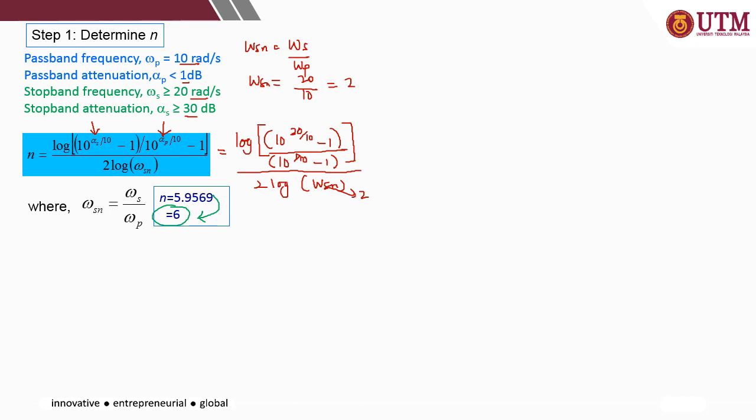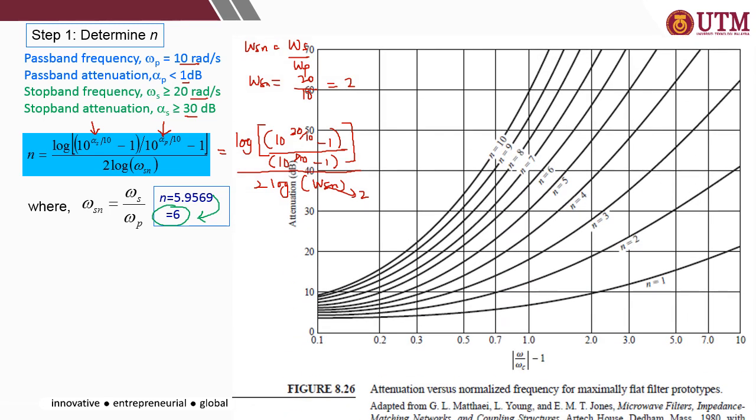Okay, let's look at how to use the graph. Please make sure you use the correct graph. In this case, it's Butterworth, so make sure you use the maximally flat filter response graph, the attenuation graph. Then you need to refer to the x-axis here, which represents omega S over omega C minus 1.